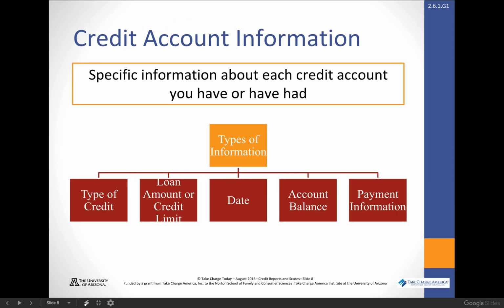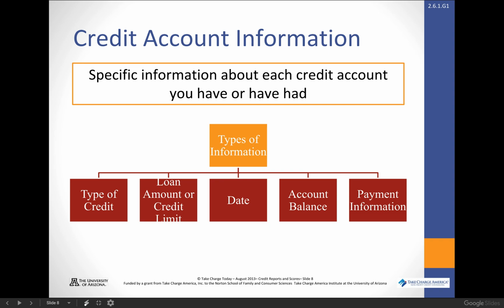Credit account information, like I said, this is going to be specific to each type of credit that I have. So if I have credit cards, if I have student loans, if I have a car loan, they're all going to be identified here. It's going to identify what type of credit it is, so what type of loan or what type of credit line it is. It's going to tell the amount that I owe on it.